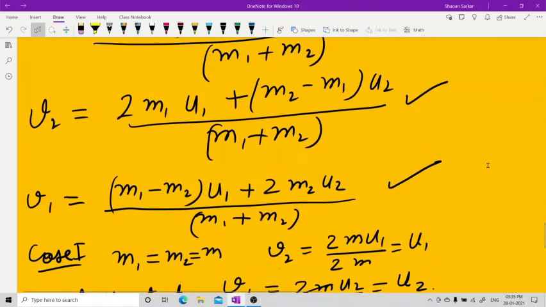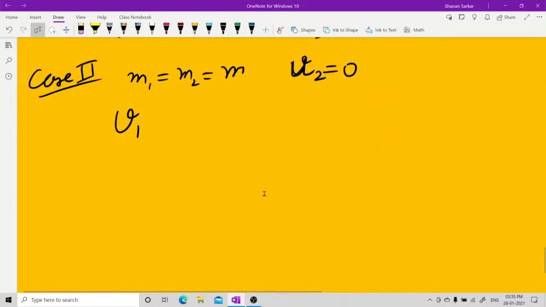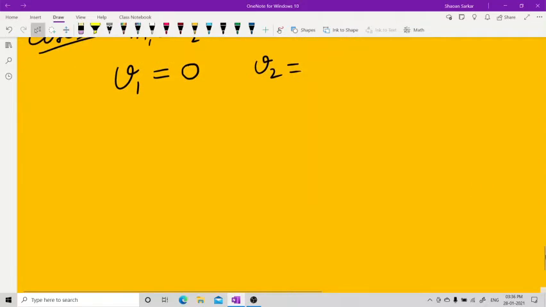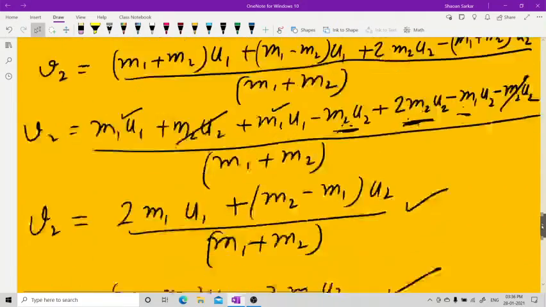Yes, v1 will become 0 because u2 is 0, and both the masses are same, so this v1 will become 0. And v2 will become, let's see again these two expressions.